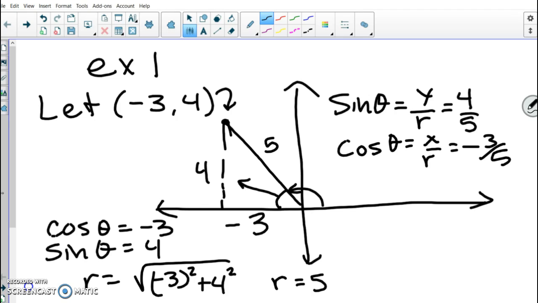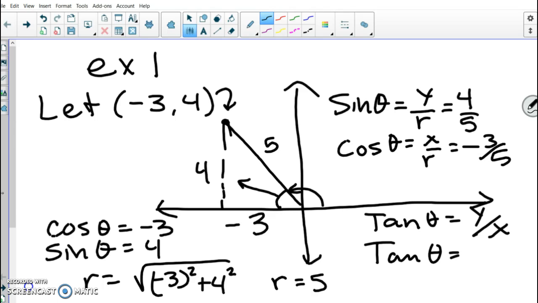And we're also asked to find the tangent. The tangent is y over x. And if we look at what we have here, the tangent of theta would simply be our y value in our ordered pair over our x value. Tangent of theta being negative 4/3. Please try number 11, and we'll come back and talk about that.